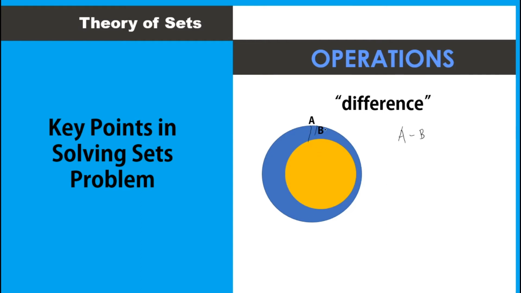We need to subtract B from A, so this portion is A minus B.